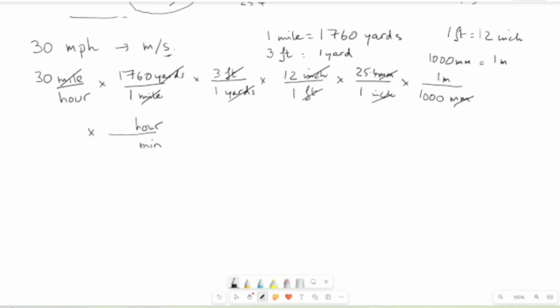In this case, I'm going to go to minutes on the bottom. And because the time quantity, or the unit for time, in this case hour, in this case seconds, has always got to be on the bottom. That's why I'm putting it on the bottom here.